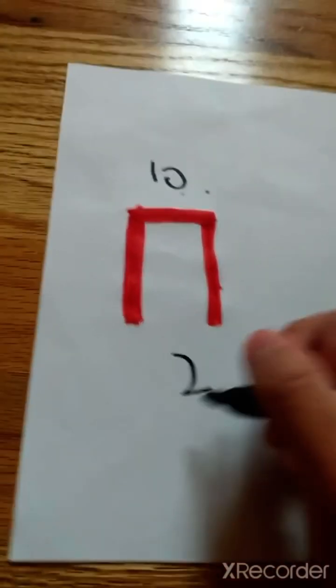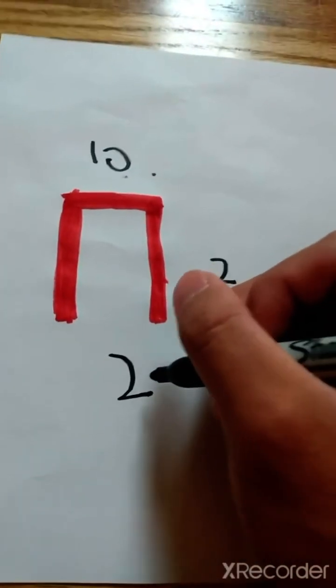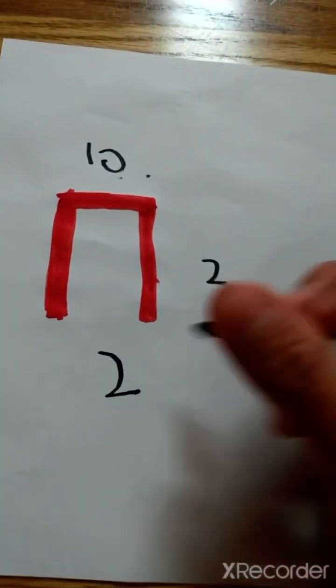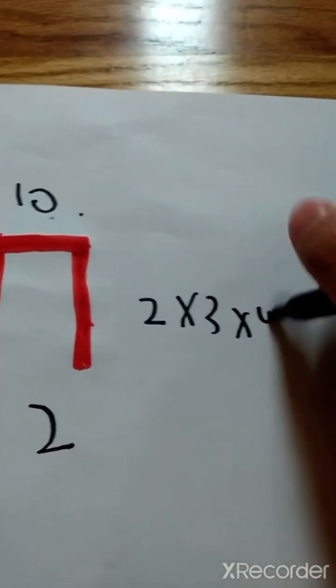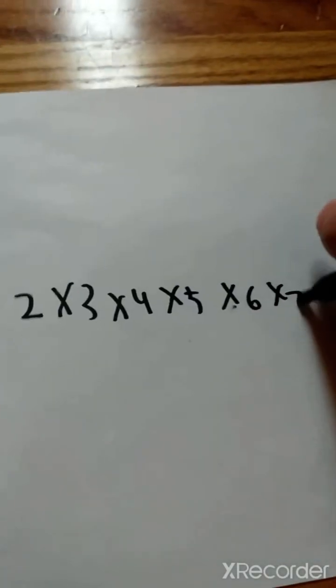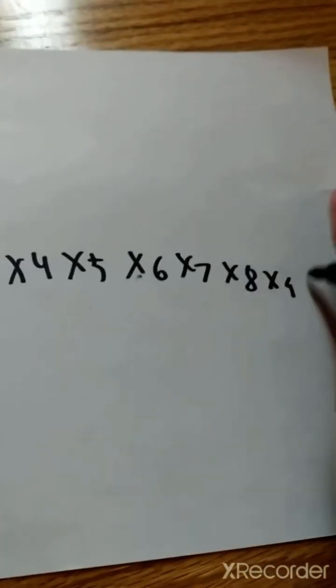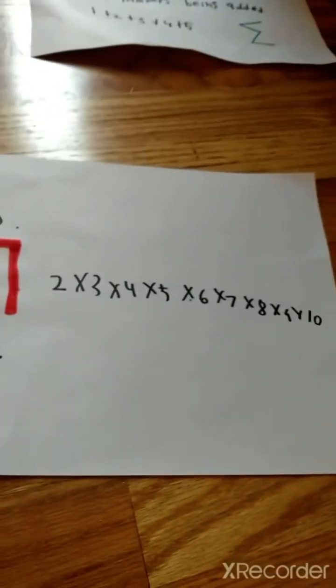So instead of starting at 1, we start at 2, because that's the starting position, the starting line. So we say 2 times 3 times 4 times 5 times 6 times 7 times 8 times 9 times 10. This will end up a really big number.